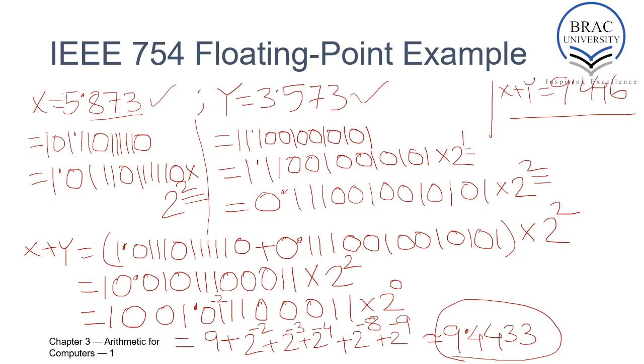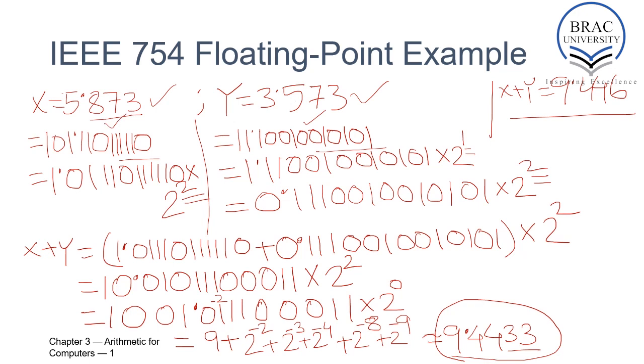As you can see, the floating point addition performed using the IEEE 754 method gives you a little less than the actual value. This is because we did not consider all the binary values that could be possible for the fractional part.